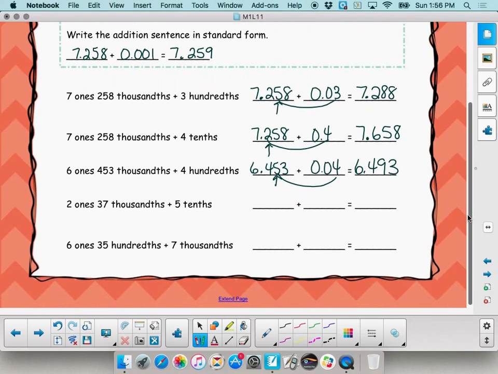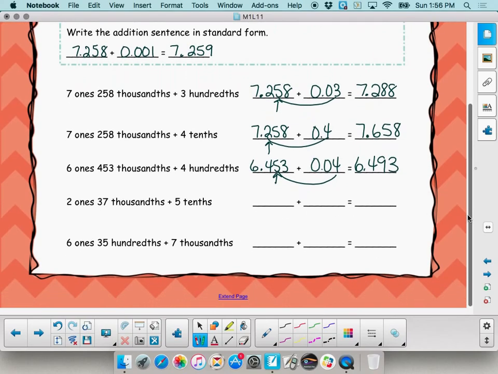Okay, let's keep going. 2 ones and 37 thousandths plus 5 tenths. So I will add a 5 to the tenths place. This one's pretty simple. 5 plus 0 is 5.